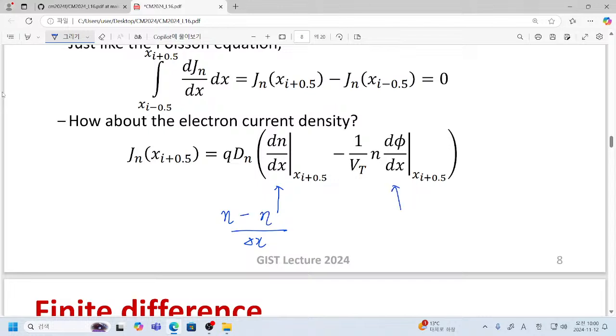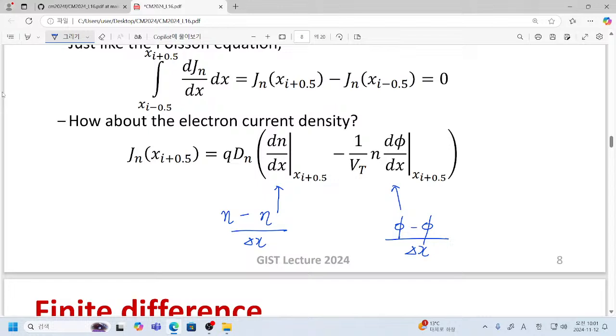Also here we have d phi over dx, which is discretized with phi minus phi. So are you with me? Since we have first derivatives, each of them is treated as usual.